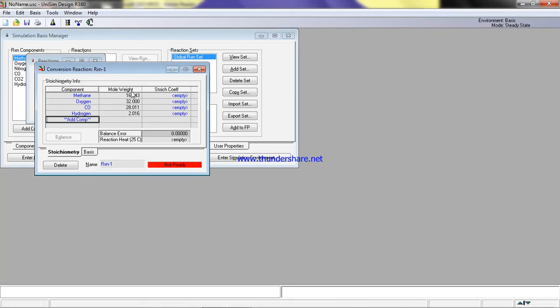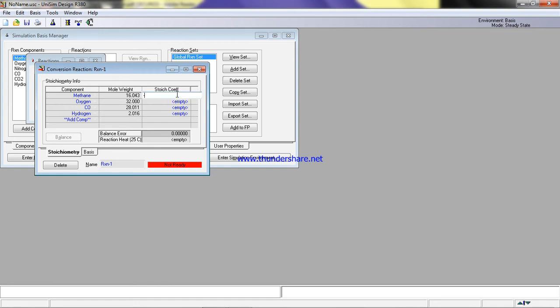Methane. Okay, you now see that the software has given you the molar mass for the compounds. So that's the beauty of using the software. It estimates a lot of properties for you.